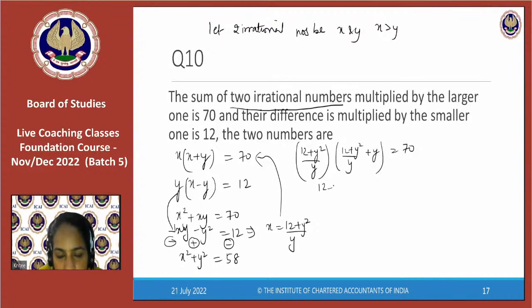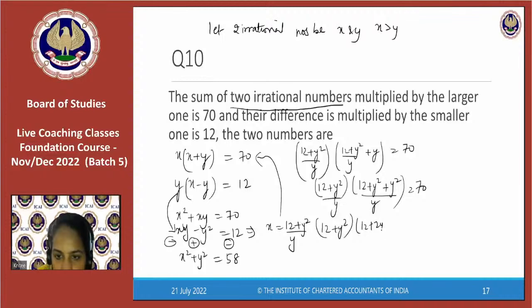So 12 plus y square to be multiplied with 12 plus y square plus y square upon y into y to be equal to 70. So this becomes 12 plus y square into 12 plus 2y square whole upon y square equals 70.